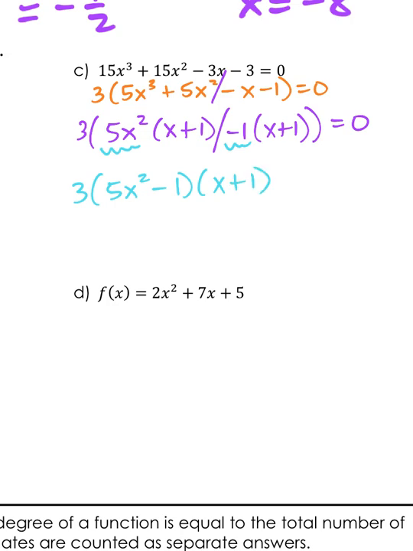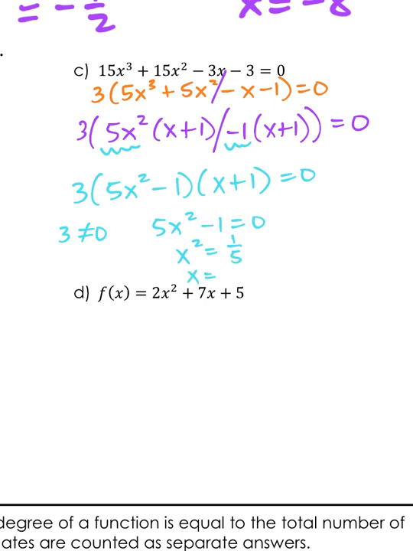So I'm going to set all of these equal to 0. Well, 3 does not equal 0. It doesn't have a variable anyways, so we can just leave that out. 5x squared minus 1 equals 0. So I'm going to get that x squared equals 1/5, and then I'm going to take the square root.